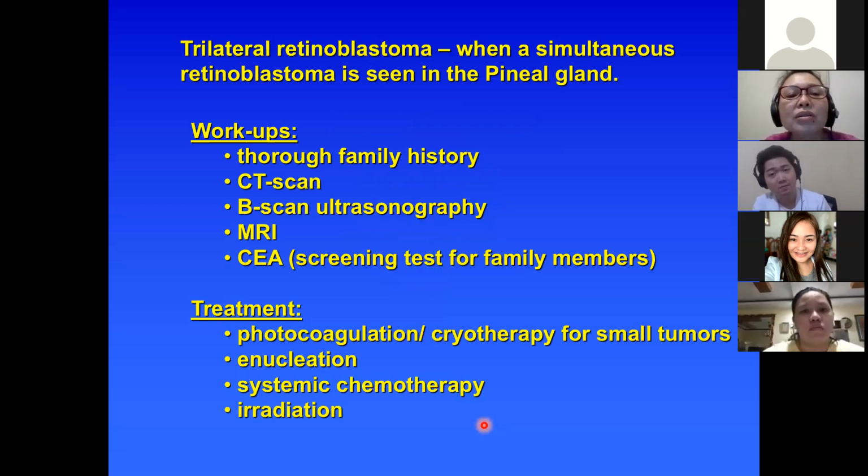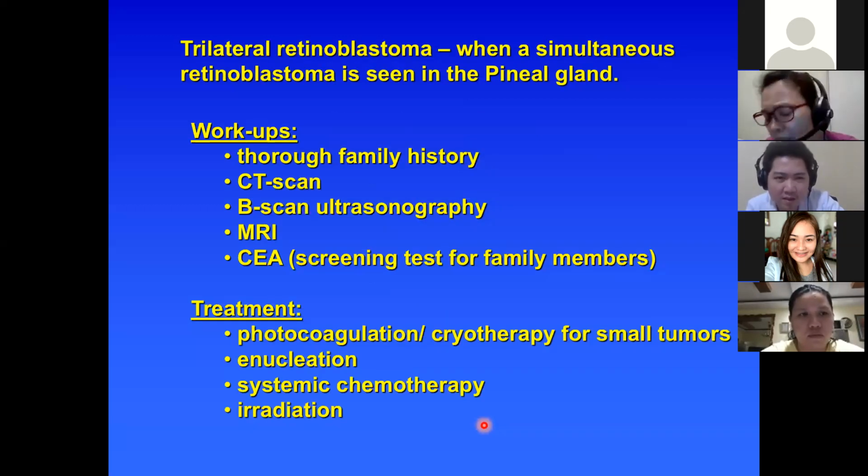Now, trilateral retinoblastoma, this is when your pineal gland is already involved. Can you see this one? The workups, the treatment. Okay. You read through that.